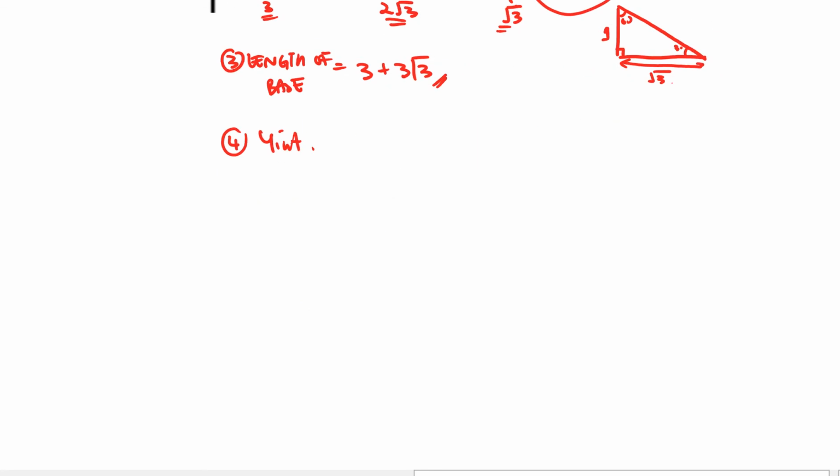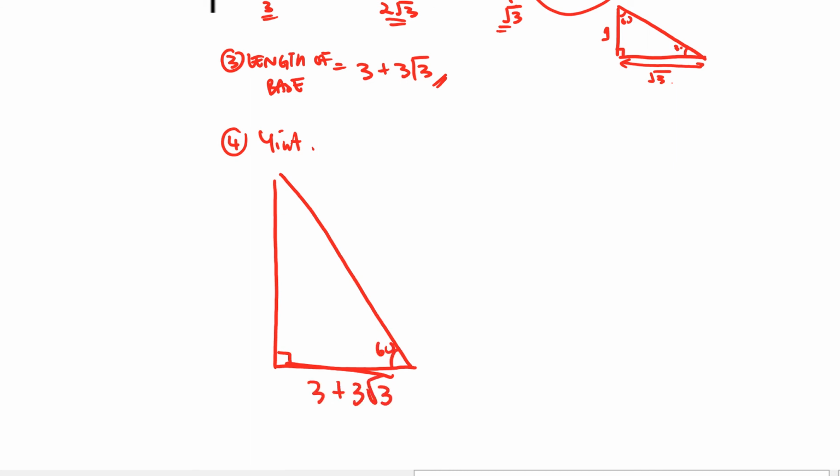So therefore, last step is, if you're looking for the y-intercept, just think of it as, here's your triangle. Here's 90, this is 60, this is 3 plus root 3, and you want to find this height. And the height will be equal to your base, which is 3 plus root 3, times root 3.